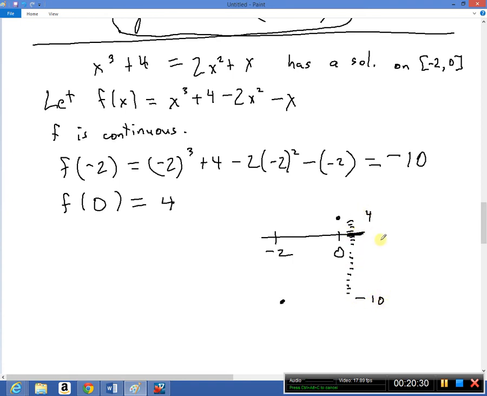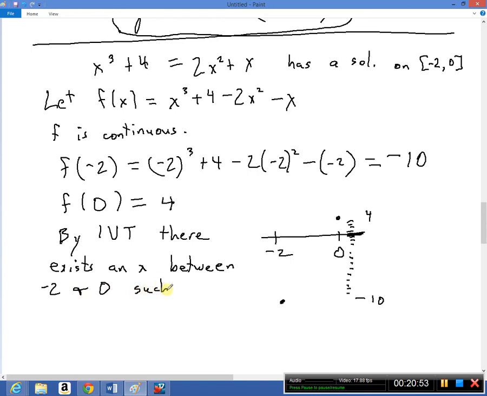including 0. So by the intermediate value theorem, IVT, there must be, or you could say there exists, an x between -2 and 0, such that f of x equals 0.